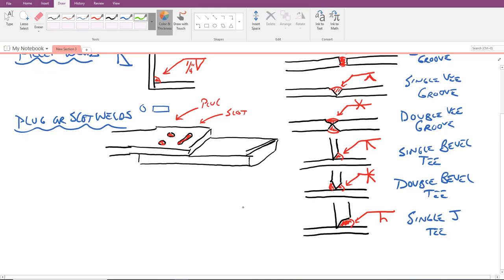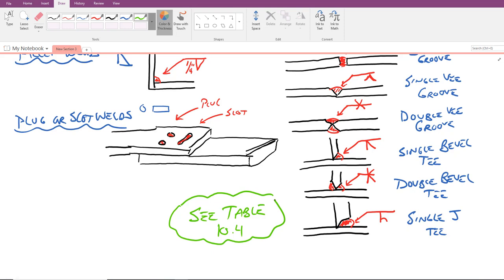One other thing I'd like you to do, since I've hand drawn these here, is there's a lot of welding charts that exist on how to recognize what these are. In your textbook, if you go to table 10.4, you would see an example of one of these. And note the symbols. There's actually a couple more in there.